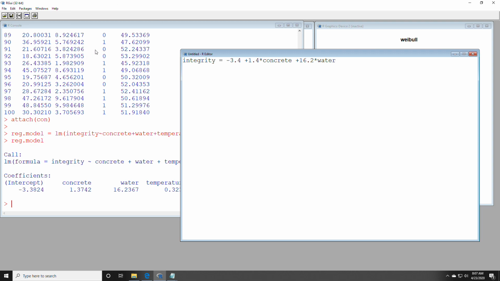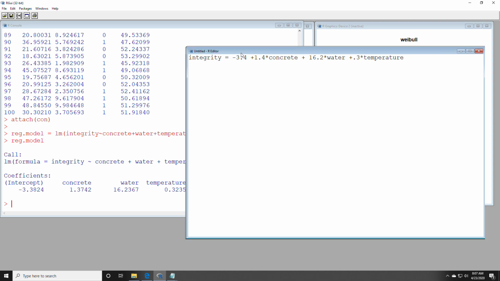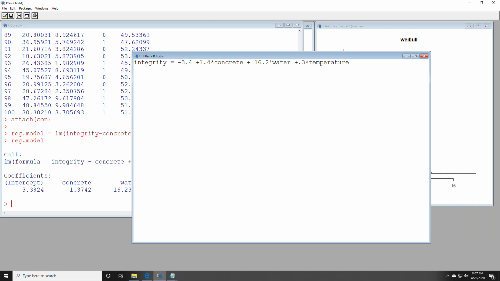Again, water is either a 1 or 0. It's a 1 if water was added. It's a 0 if water wasn't added. And then again, another plus. It turns into a minus if the estimated parameter is negative, but they're all positive in this case. Plus 0.3 times temperature. Okay, so that's our fitted regression model.